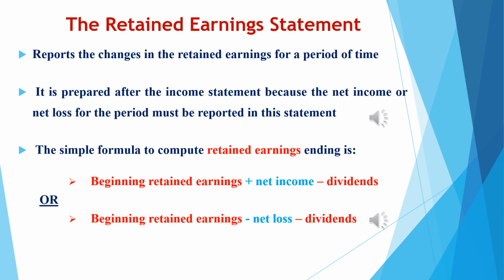And in the second formula, we consider that the company has net loss. So the retained earnings ending equal beginning retained earnings minus net loss minus dividends paid to stockholders. As a reminder, the dividends are the portion of net income that is distributed to the stockholders.